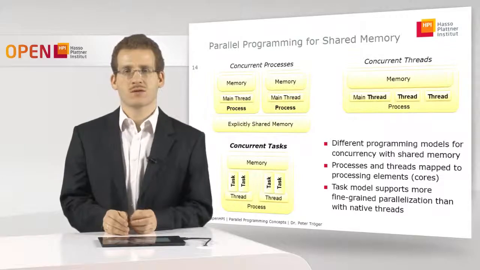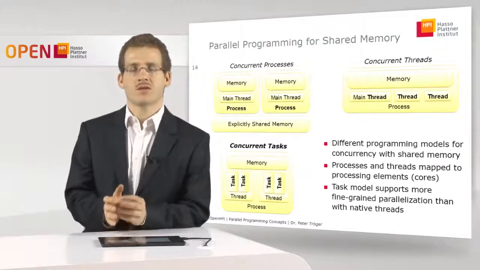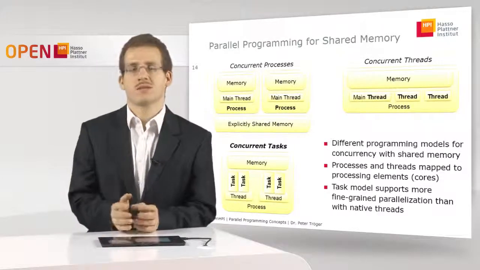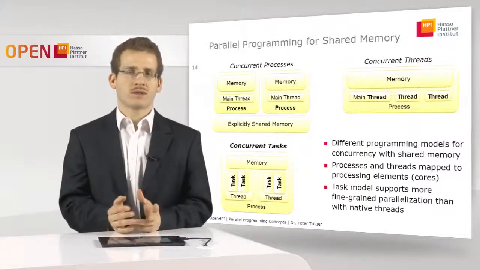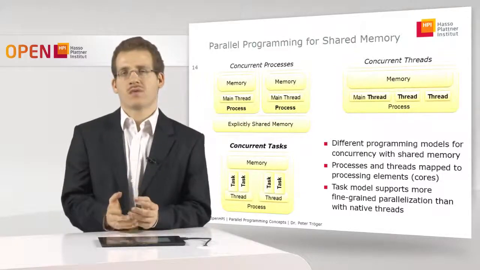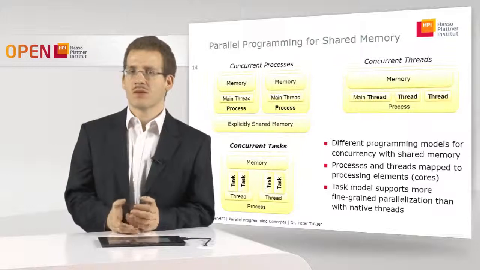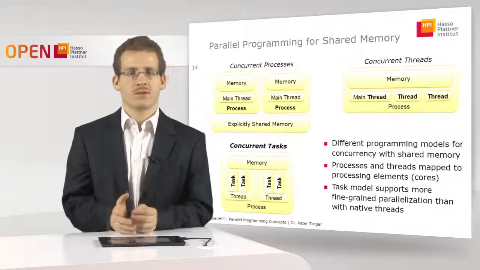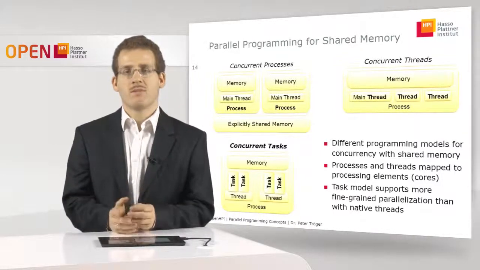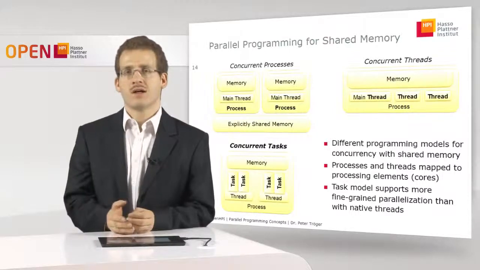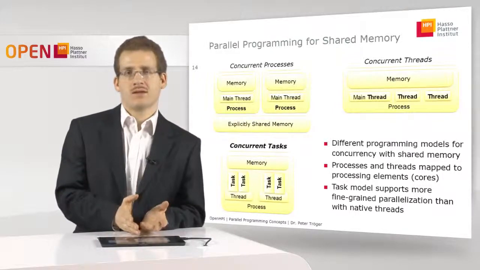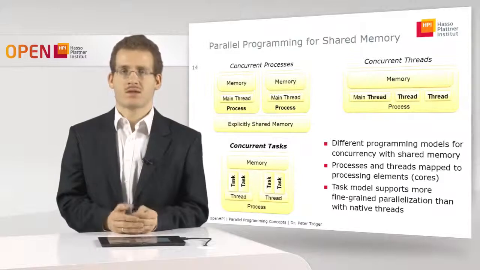So inside your code, you define as many potentially concurrent activities as possible and then hand over this task definition as part of your program to a runtime library and a compiler, and these two things in combination are then able to map the given set of tasks to some threads inside your application while it is running.